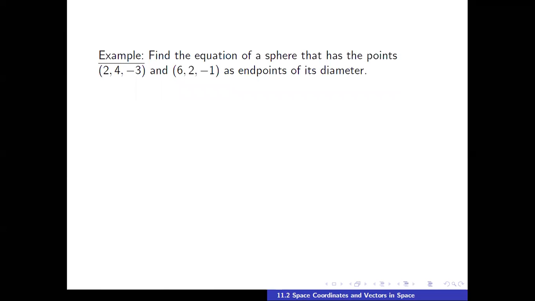Here's a problem. Find the equation of a sphere that has points 2, 4, -3 and 6, 2, -1 as endpoints of its diameter. First of all, I'm going to try to draw this.